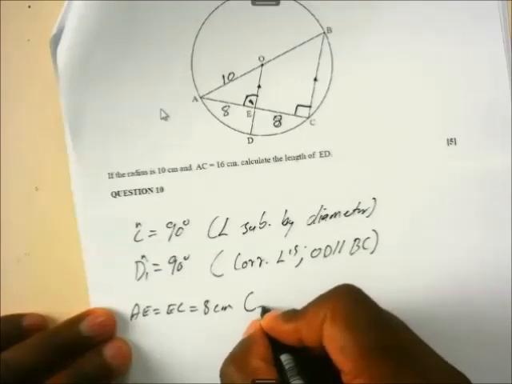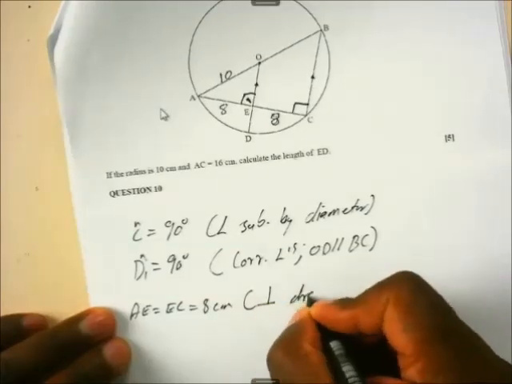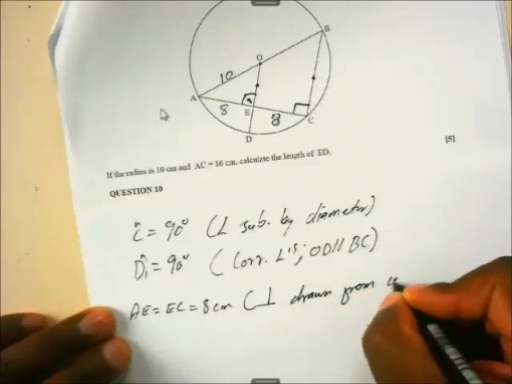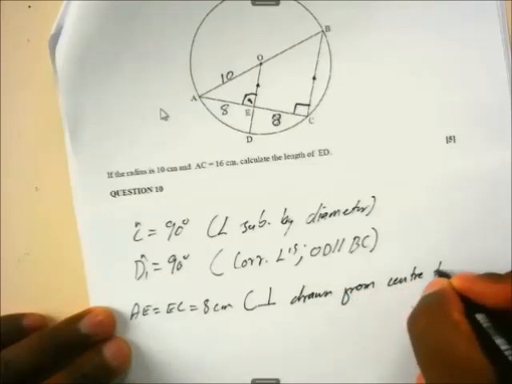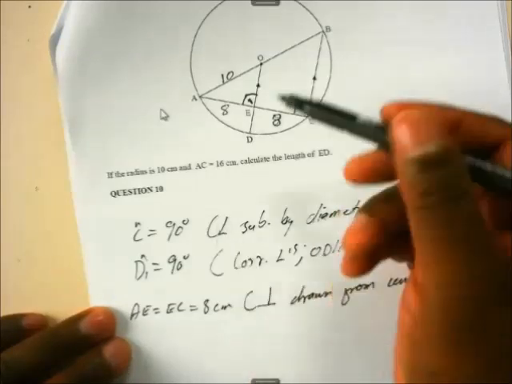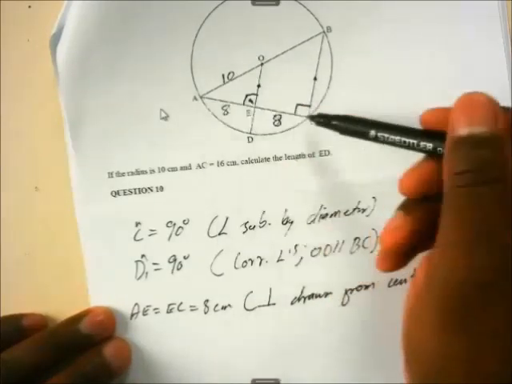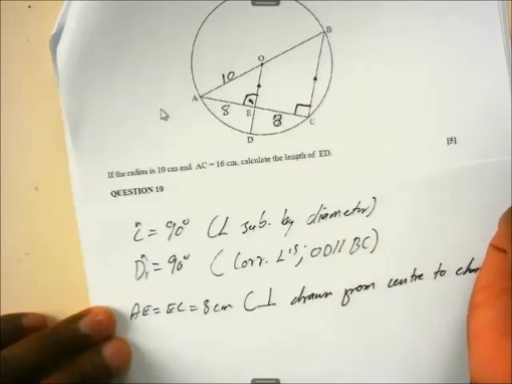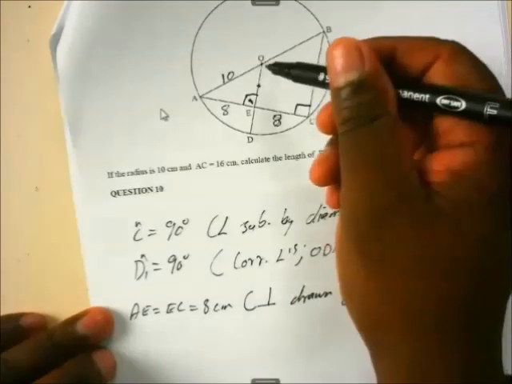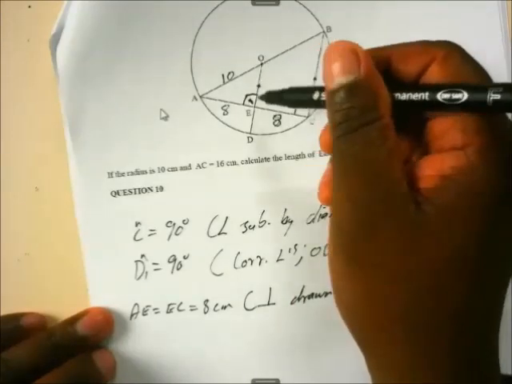Perpendicular drawn from center to chord. Sometimes if you forget, you can just say OE is perpendicular to AC. So it's 8 centimeters.